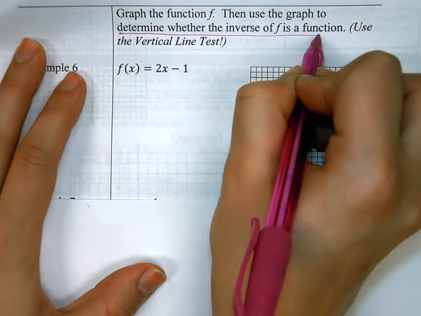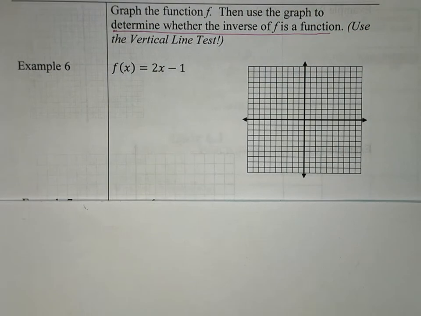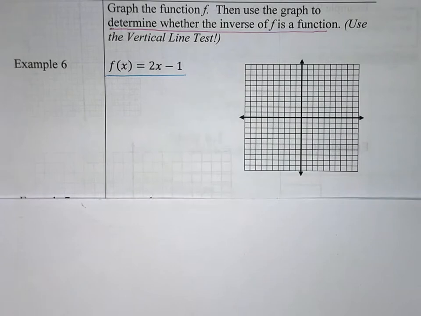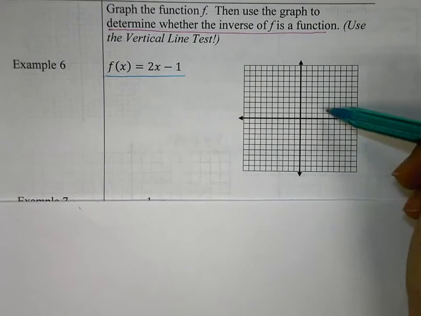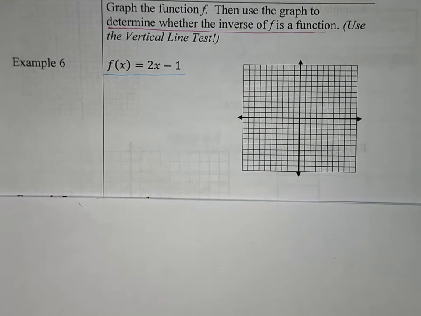The reason why we have to determine if the inverse is a function is just because the original graph is a function does not necessarily mean your inverse will be a function. Okay? So we have to use the vertical line test in order to test that. So our original function is going to be f of x equals 2x minus 1. So draw your x and y axis, and we will get started in just a second.